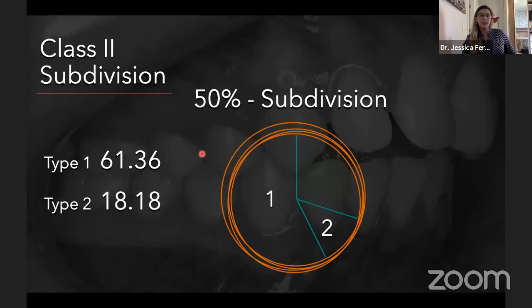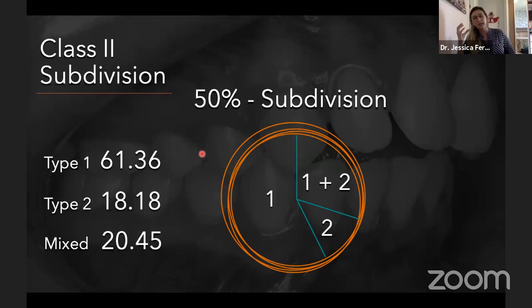Type 2, 18.18%, has the maxillary dental midline deviation caused by the class 2 subdivision, and 20.45% are mixed. So they have a little of the distal position of the mandibular first molar and a mesial position of the maxillary first molar.